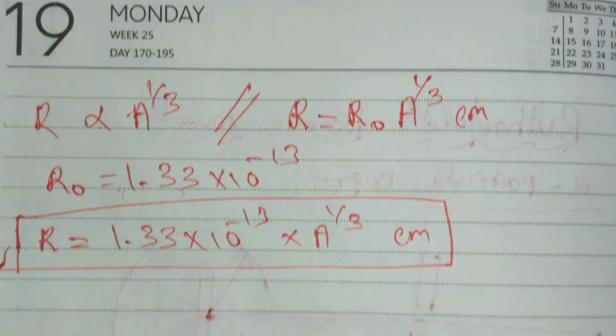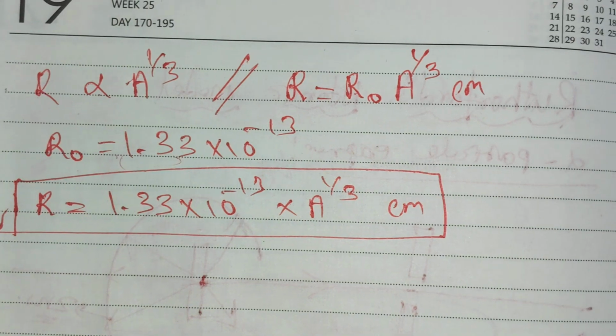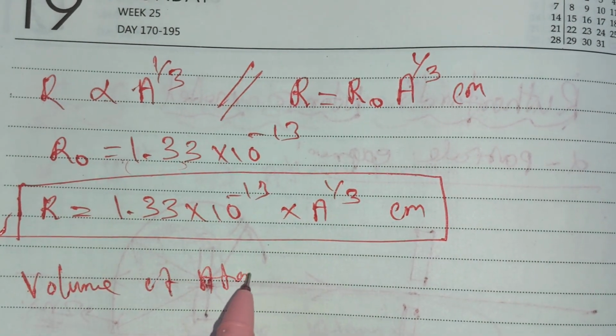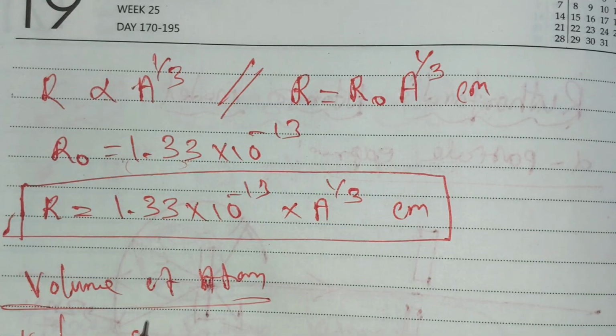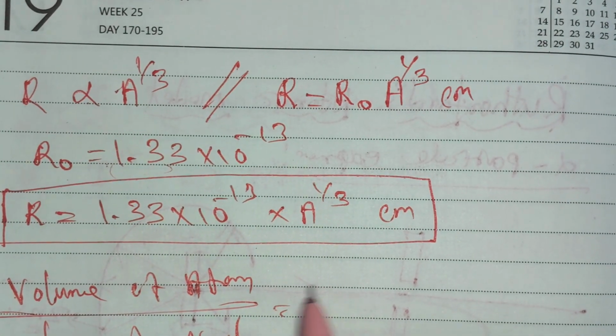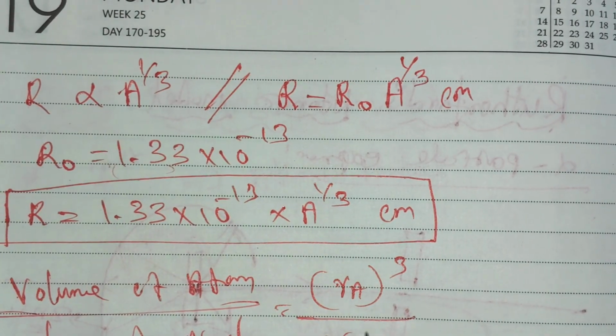Okay, next the volume. We know volume goes as r cube. So the volume of atom divided by the volume of nucleus: actual atomic radius, Ra cube divided by Rn cube.